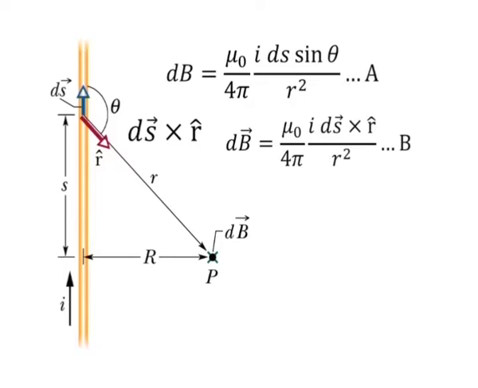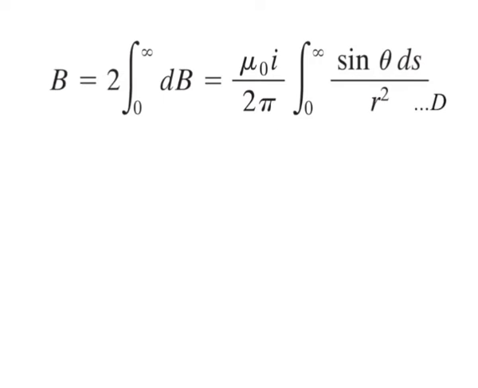To find the magnitude of the total magnetic field at P, we need only multiply the result of our integration by 2, and we get B equals 2 times the integral of dB from 0 to infinity, which comes out to be equal to mu 0 I upon 2 pi times the integral of sin theta ds divided by r squared.